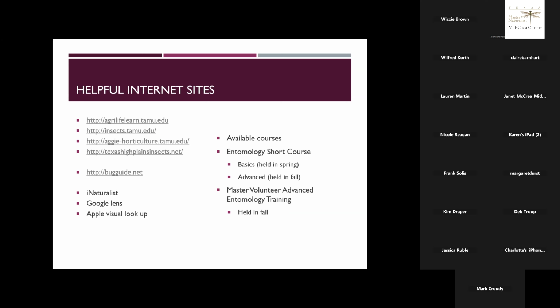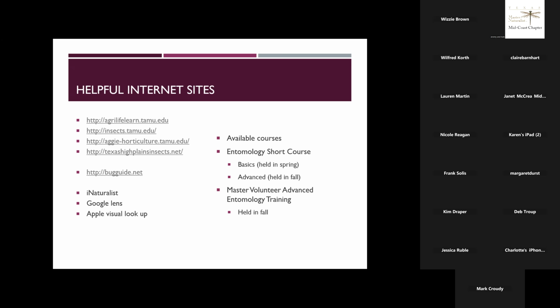And that covers a variety of topics depending on the speakers we're going with. But generally, we are covering stuff for both Master Gardener and Master Naturalist. So we're not just talking about biology, we do talk about control of things as well, because we're trying to appease everybody.